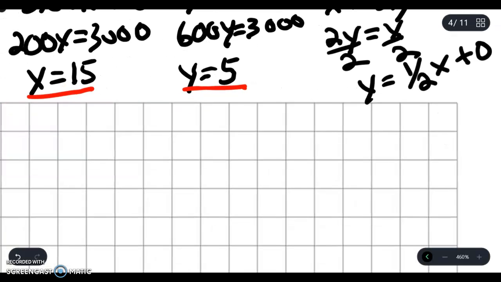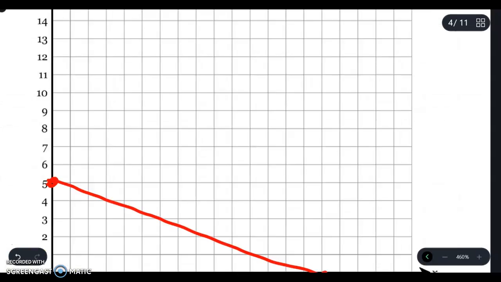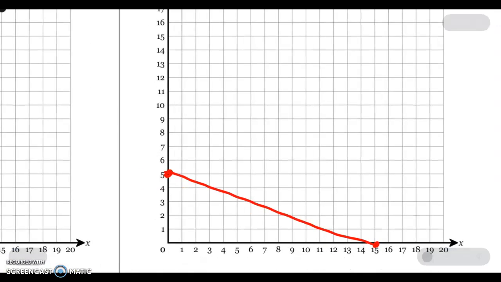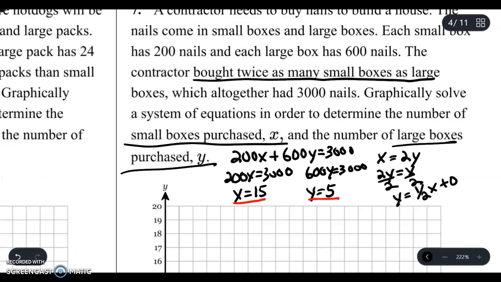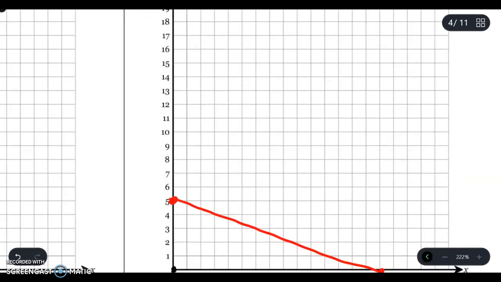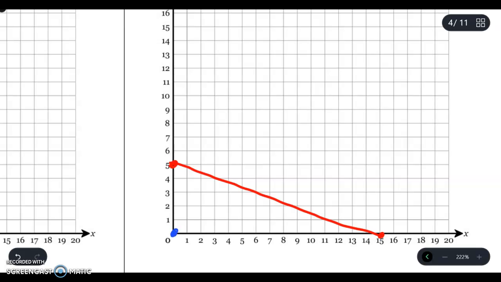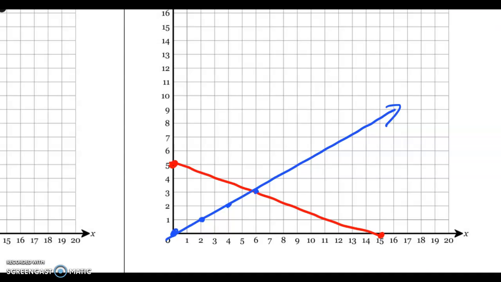So what I'm going to do on this is go to 0 on my y-axis, and I'm going to change colors here. I'm going to go to 0, go up 1 and over 2, and make a line there. So that's a slope intercept instead of just the x and y intercepts.